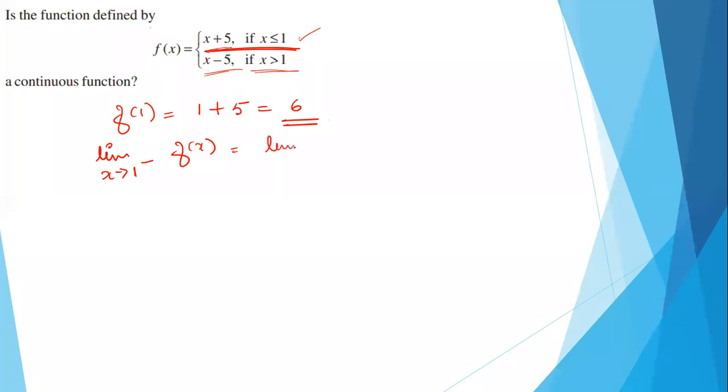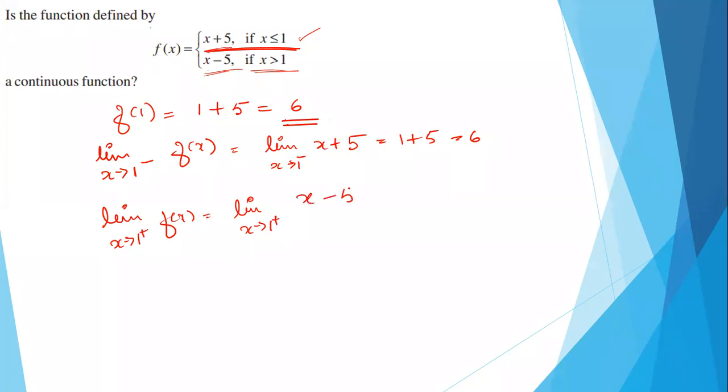So what is the function when x is less than 1? x plus 5, that is again 1 plus 5, 6. But what will be the right hand limit? Yes, limit x tending to 1 plus, it is x minus 5. That is 1 minus 5, that is nothing but minus 4. Yes. So it is not continuous.